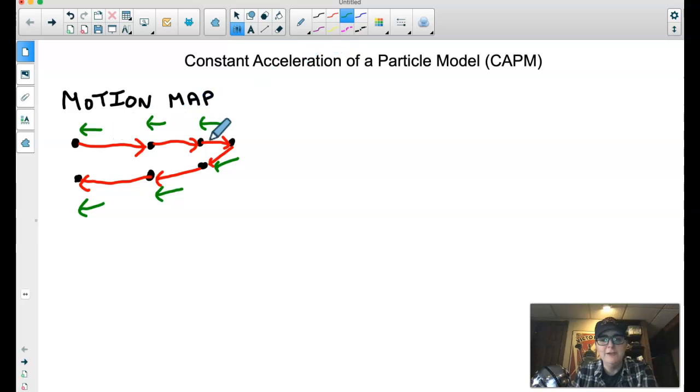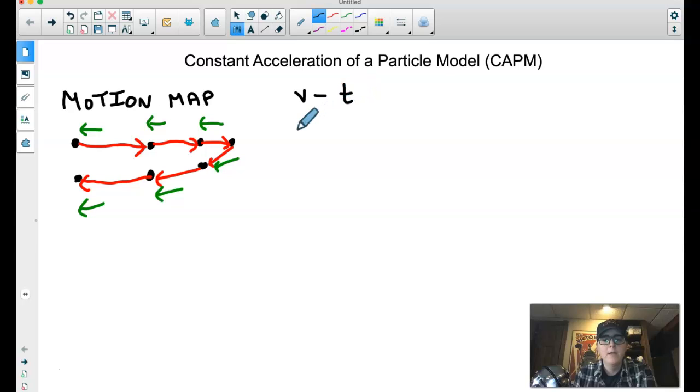Because this object initially slows down, the acceleration is initially in the opposite direction of the motion, and then when it speeds up, that's because the acceleration is in the same direction of the motion. And because we're on the constant acceleration of a particle model, I tried to draw these acceleration arrows all about the same size to show that that acceleration is constant.